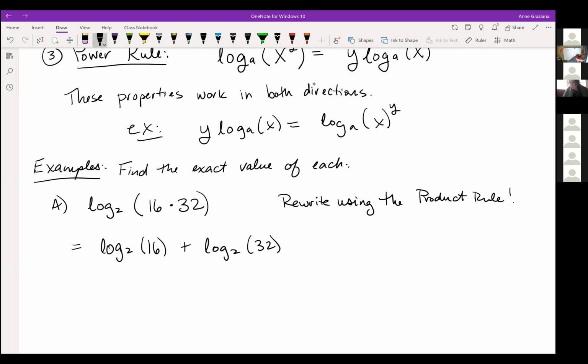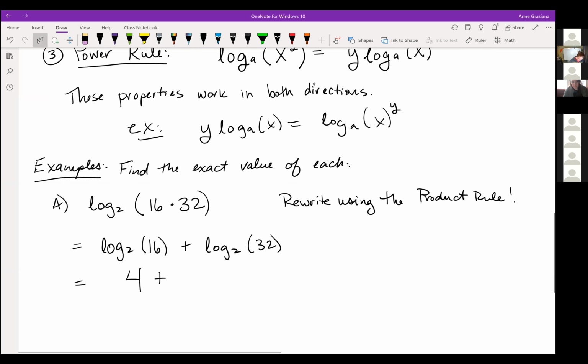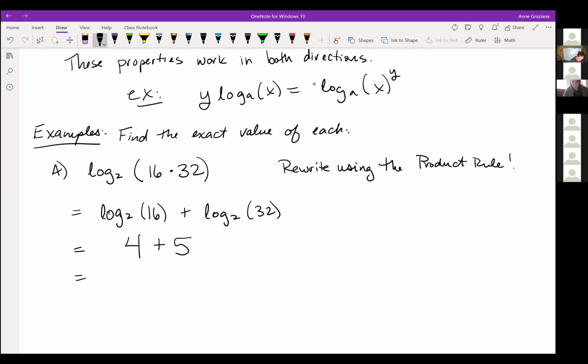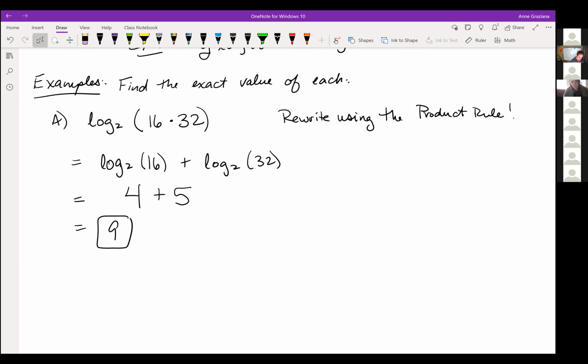The exponent that goes on 2 that gives me 16 we know is 4, and the exponent that goes on 2 that gives me 32 is 5, which makes 9. If you multiply 16 times 32, that means 2 to the 9th is that number. Well, that's a really big number. So this is one example of how the properties help us break things down into easier numbers to use.